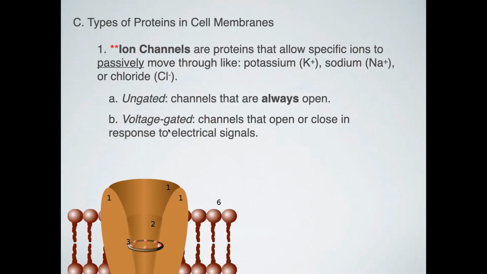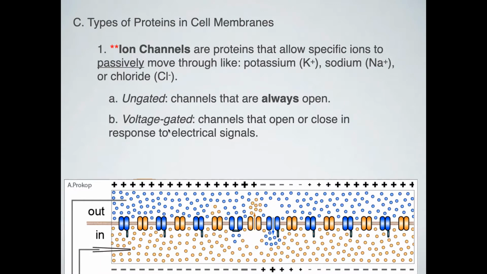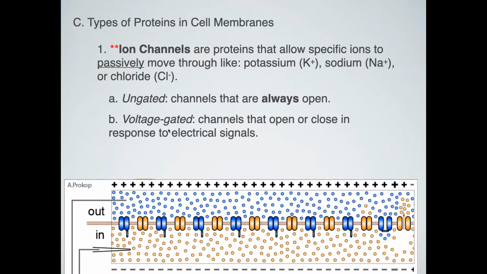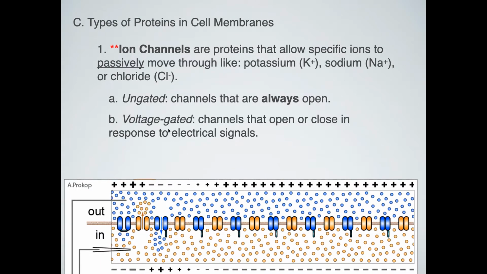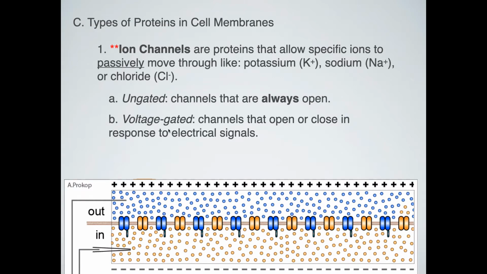Voltage-gated ion channels are super cool. It's how our nerve cells work. They're channels that will open or close in response to electrical signals. So here is an example of that. You can see the positive charge on the outside and the negative charge on the inside.